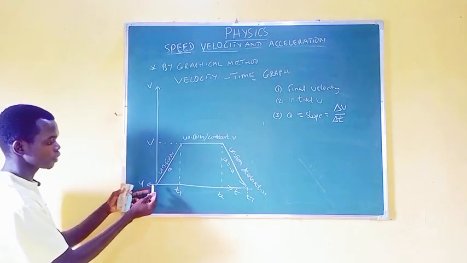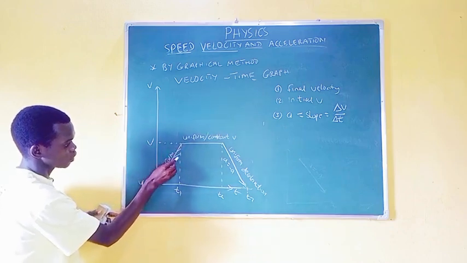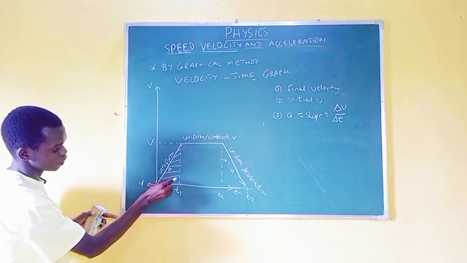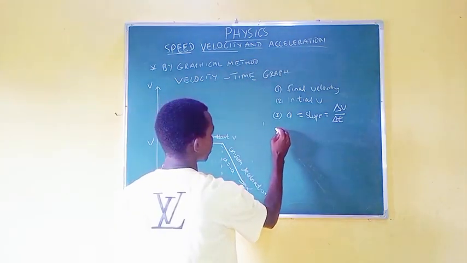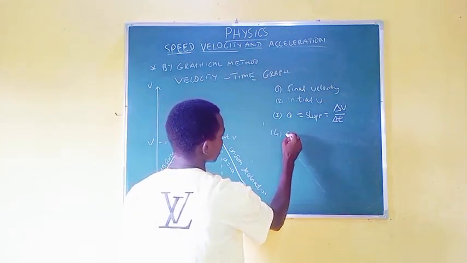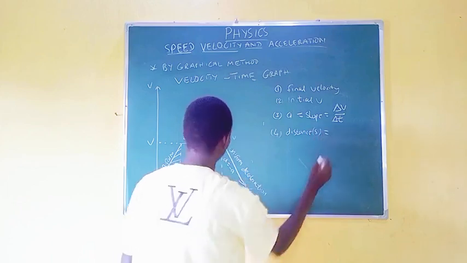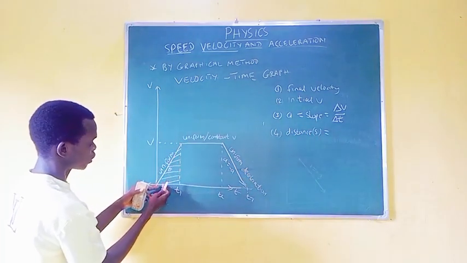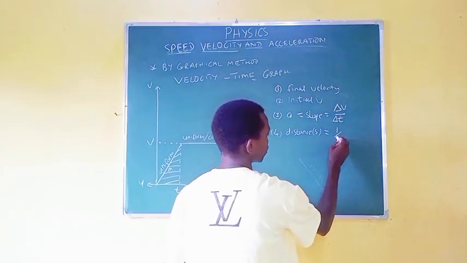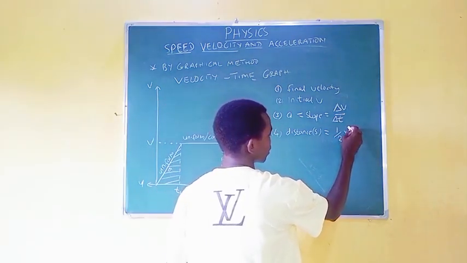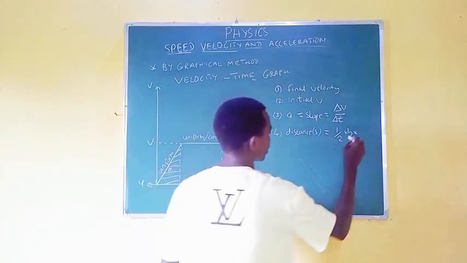Let's say if you are to find the distance from this initial to this velocity, we will consider the area under this graph, which is distance, let's say s, will now be equal to the area of this shape, and the area of this shape is a triangle. We have 1 over 2 times the breadth times the height.